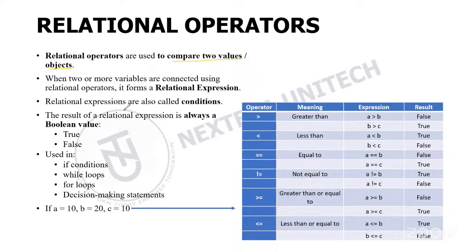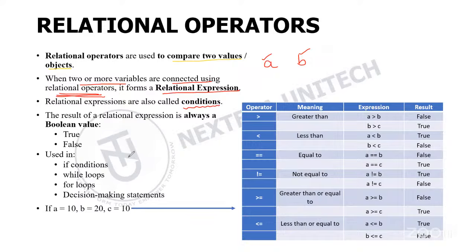When two or more variables, let's say a and b, are connected using relational operators, it forms a relational expression. These relational expressions are also called conditions.